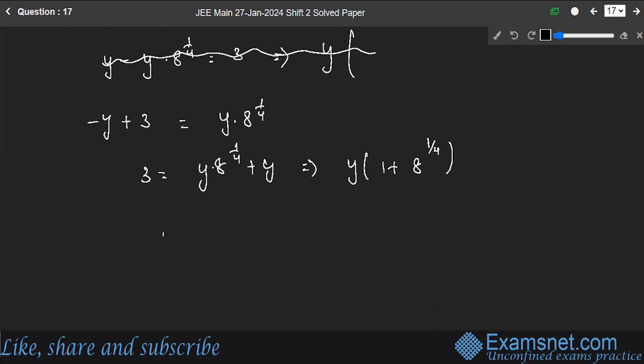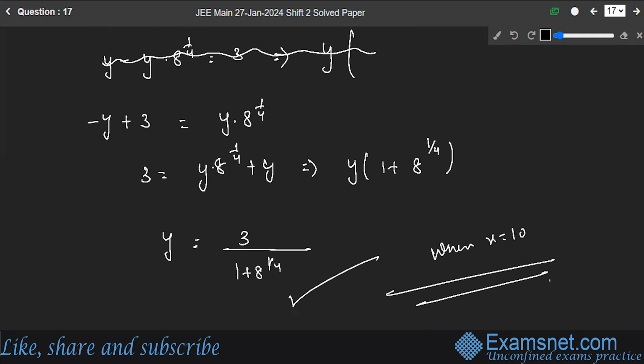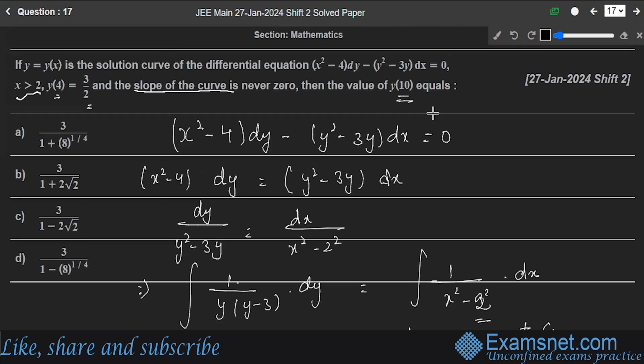Or you have y as 3 upon this. This is the value for y when you have x as 10. Hope you're clear with this. Now let's check with the options. It was a lengthy one. This one first, option A. Hope you're clear with this.